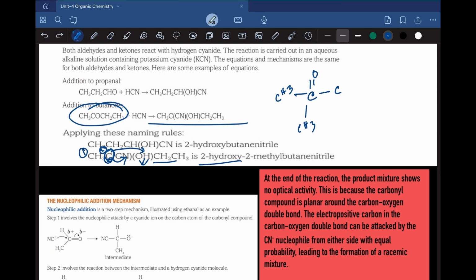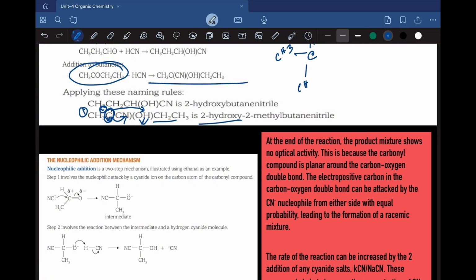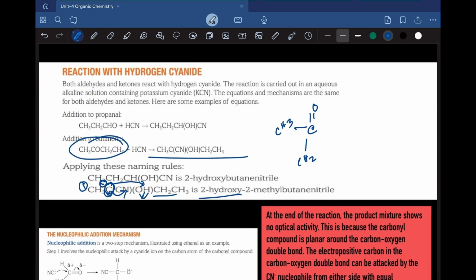Sorry, this is not like that actually. This is CH2, and here it is the CH3. So basically this is how it is bonded.